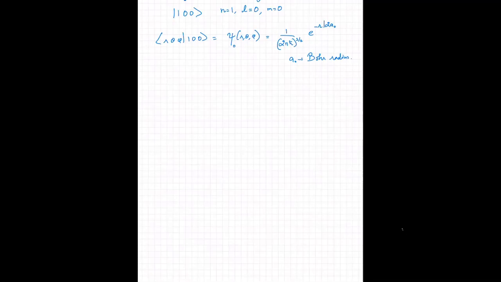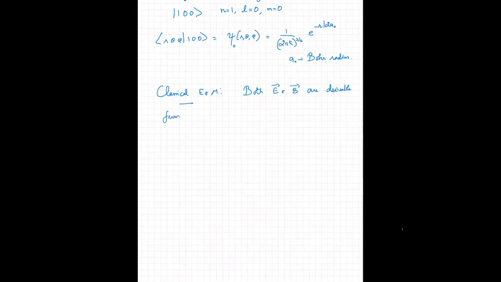The basic ingredient of classical electromagnetism that we will be using is the fact that both E and B, both electric and magnetic fields, are derivable from a set of potentials.